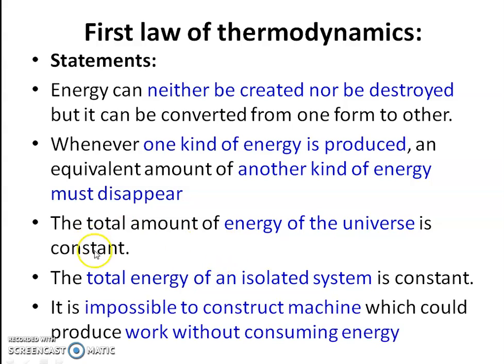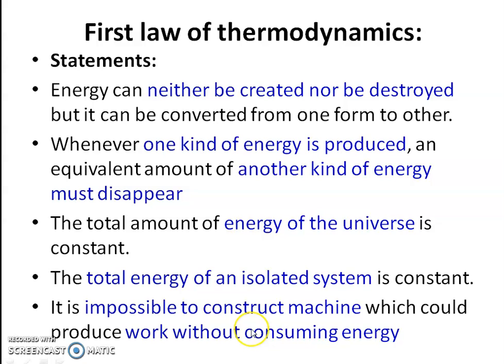And the last form of the first law of thermodynamics statement is: it is impossible to construct a machine which could produce work without consuming energy. This type of machine is called a perpetual motion machine, and it is not possible to construct a machine which produces work without consuming energy.